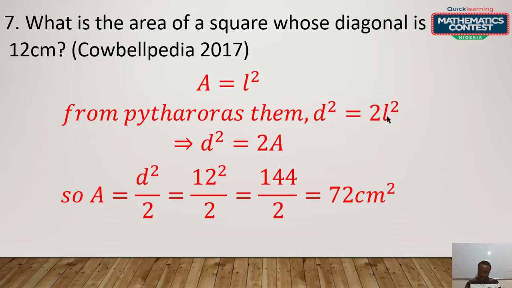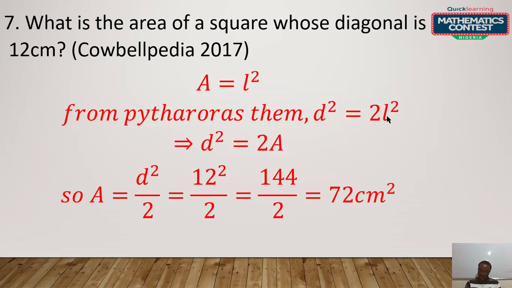And from Pythagoras, D squared will be equal to L squared plus L squared. Pythagoras states that the hypotenuse squared is equal to the sum of the squares of the other two sides. So D squared equals L squared plus L squared, which gives us 2L squared.